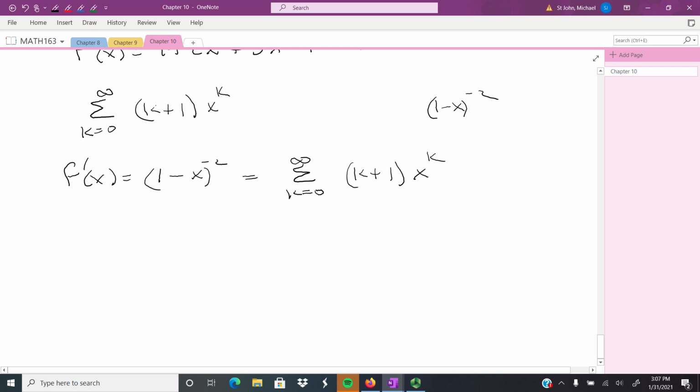So then you get in terms of Taylor series and Maclaurin series, and there's not much difference between the two.